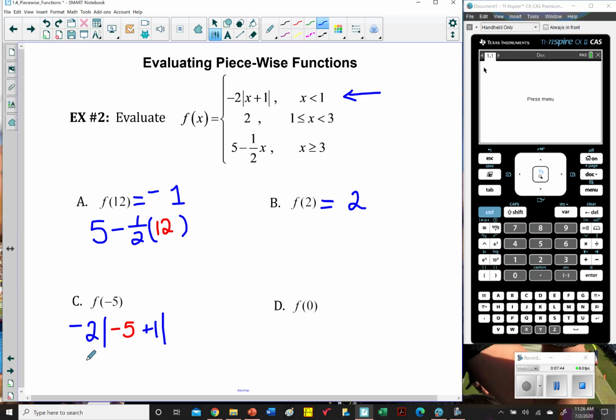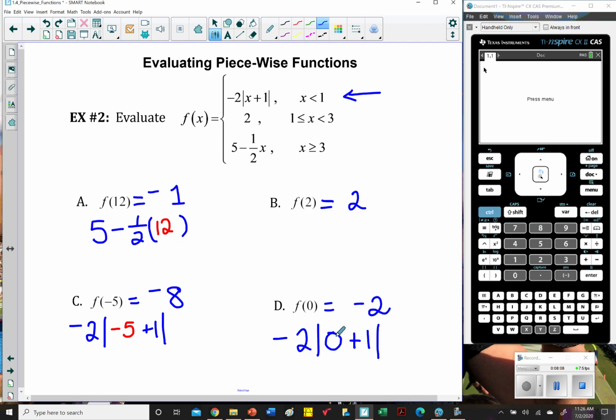So that gives me a +4 times a -2. The f of -5 would be -8. And then where does 0 fit in? 0 fits into the same absolute value. So -2 times the absolute value of 0 plus 1, or -2.